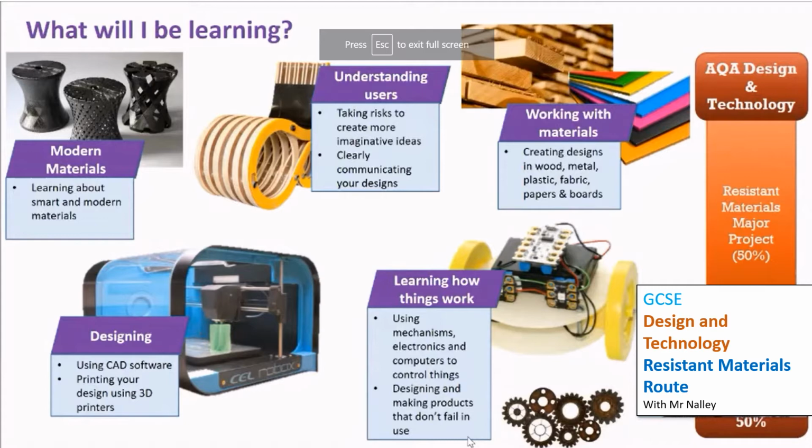We'll be talking about users, the target market, and how it's important that we design for specific target markets and how that affects our overall design process. We'll also be learning about different materials, not just working with those materials like wood, metal and plastic, but learning about their mechanical properties like brittleness or toughness.